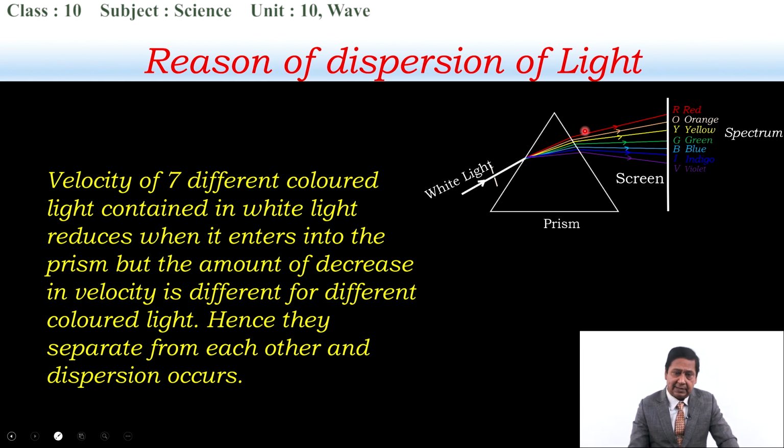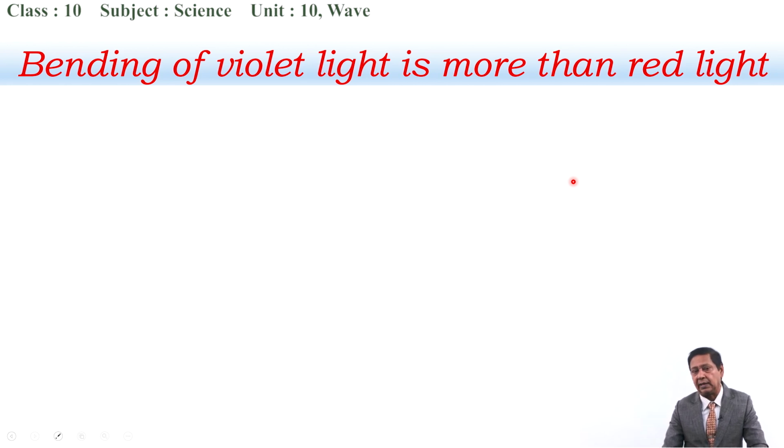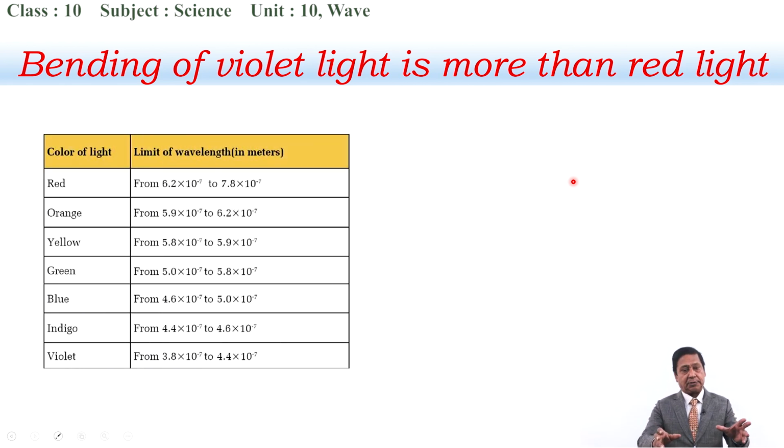But the question is, why does red bend a little but violet bends a lot? What is the reason of bending of violet a lot and bending of red less? We can answer this way. This table is given in your book also. This is the table of different colored light and its wavelength. The wavelength of red colored light is very long in comparison with others.